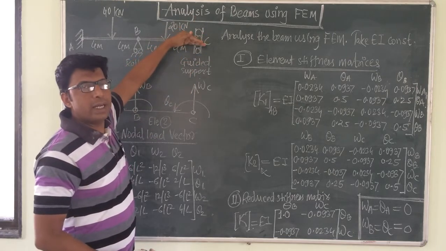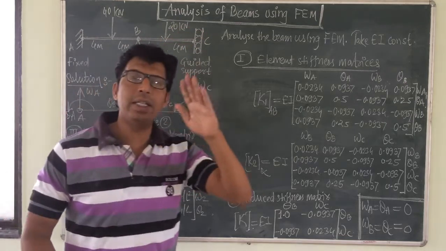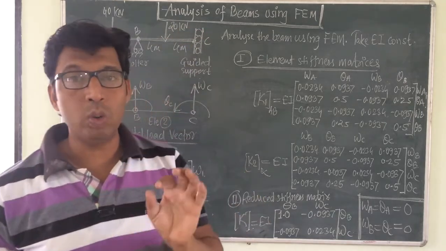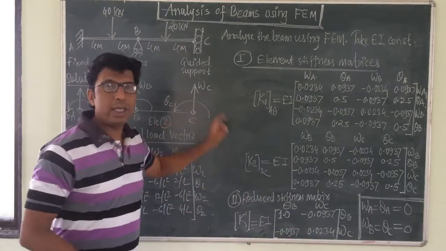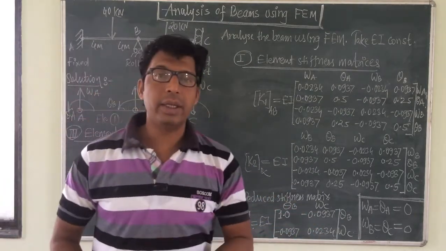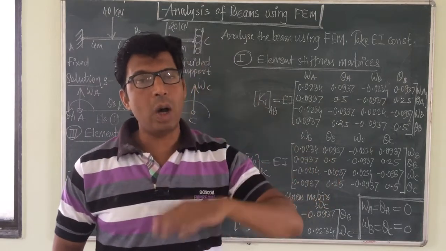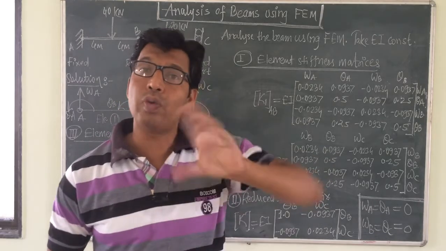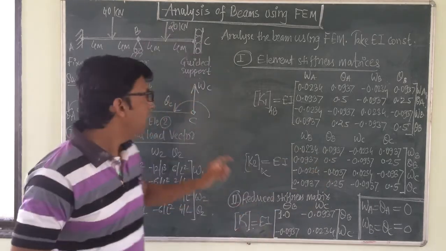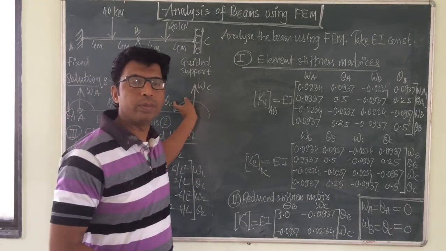So vertical displacement is allowed, now WC is not equal to 0, but it allows only vertical movement. A guided support will not allow the joint to twist. It means theta C is equal to 0 in a guided support.